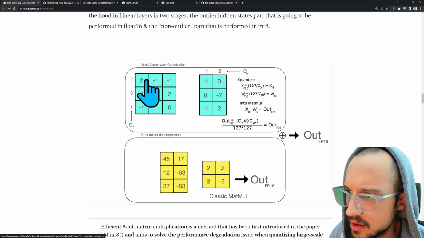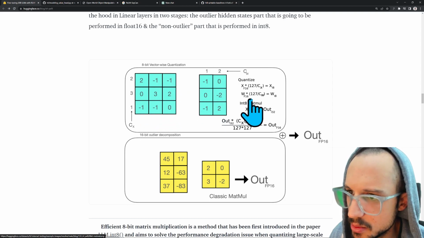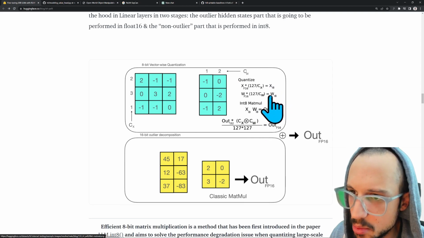Okay, so 8-bit, I guess this is the 8-bit. Multiply a 16-bit x here with a x, and you output a 8-bit x.